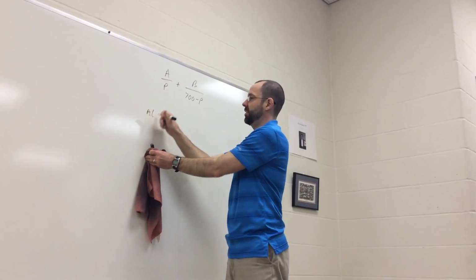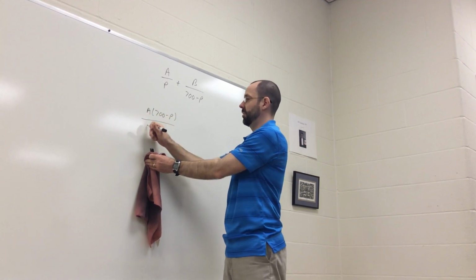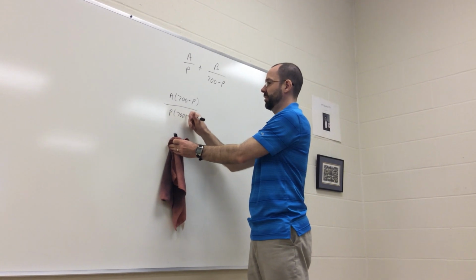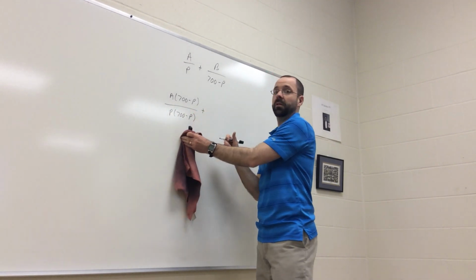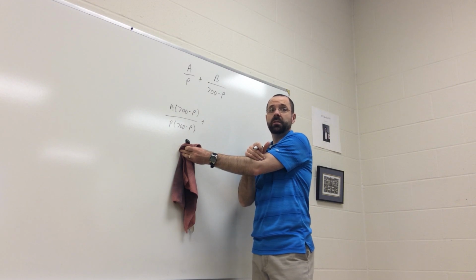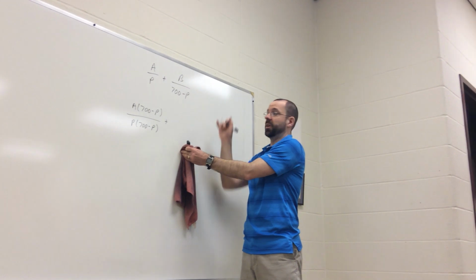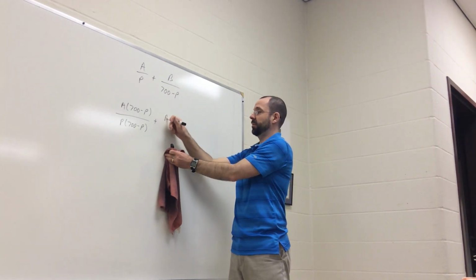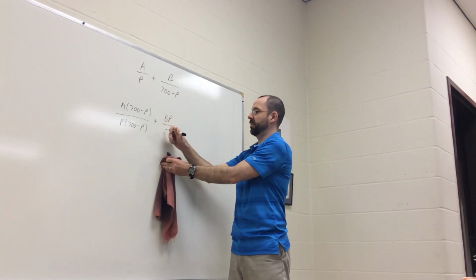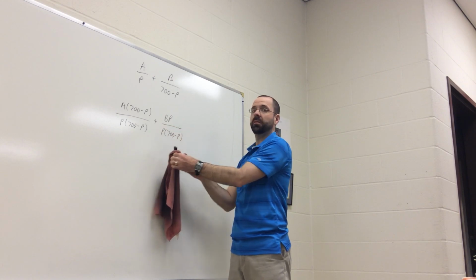So that'll be A times (700 minus P) all over P times (700 minus P). So that was just getting the common denominator for the first fraction. And then for the second fraction, I'm going to multiply by P over P. So that'll give me BP over P times (700 minus P).